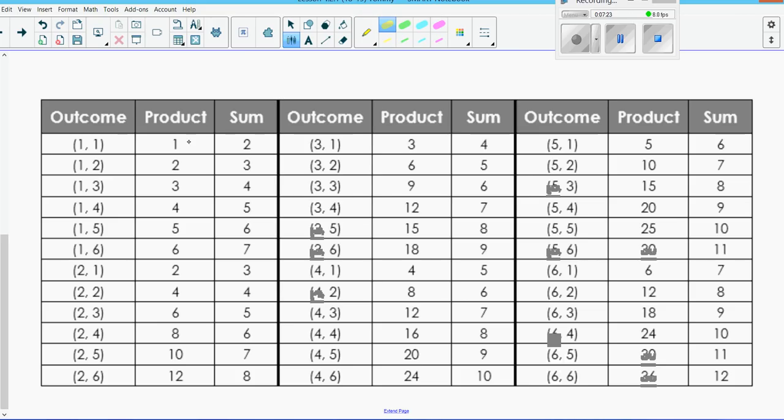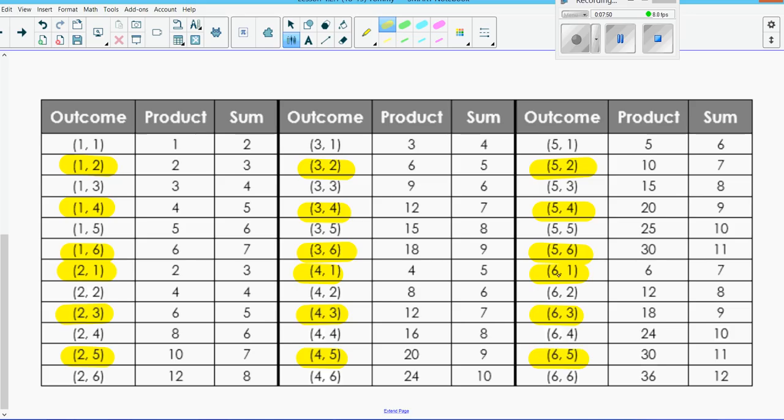Okay, so sum is odd here, here, here, here, here. I'm just going through highlighting all these because it should be like every other one. Then I'm going to go back and count them.